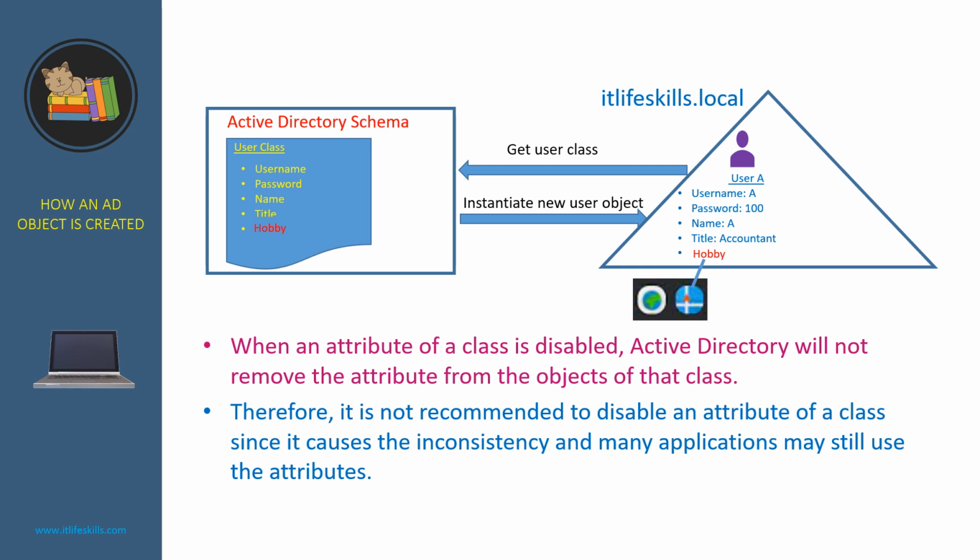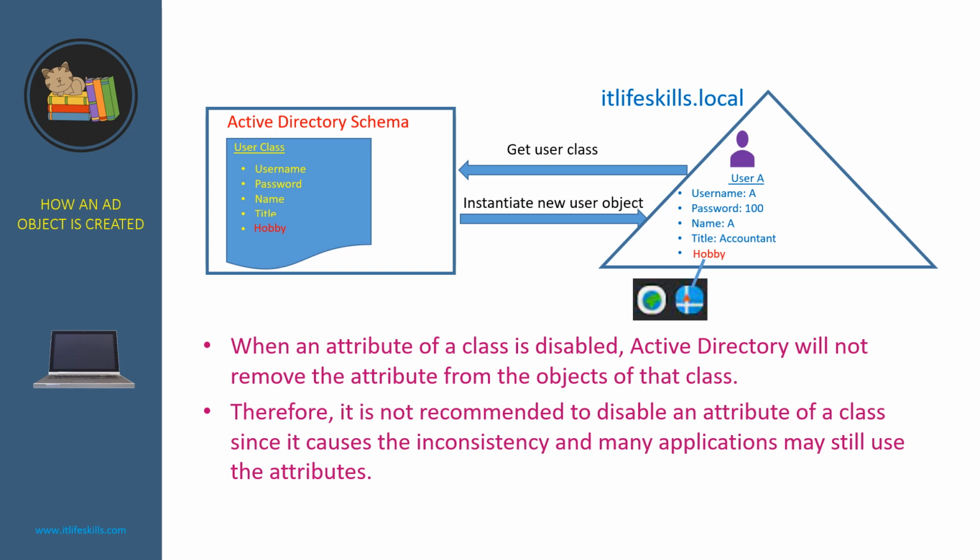When an attribute of a class is disabled, Active Directory will not remove the attribute from the objects of that class. Therefore, it is not recommended to disable an attribute of a class since it causes inconsistencies and many applications may still use the attributes.